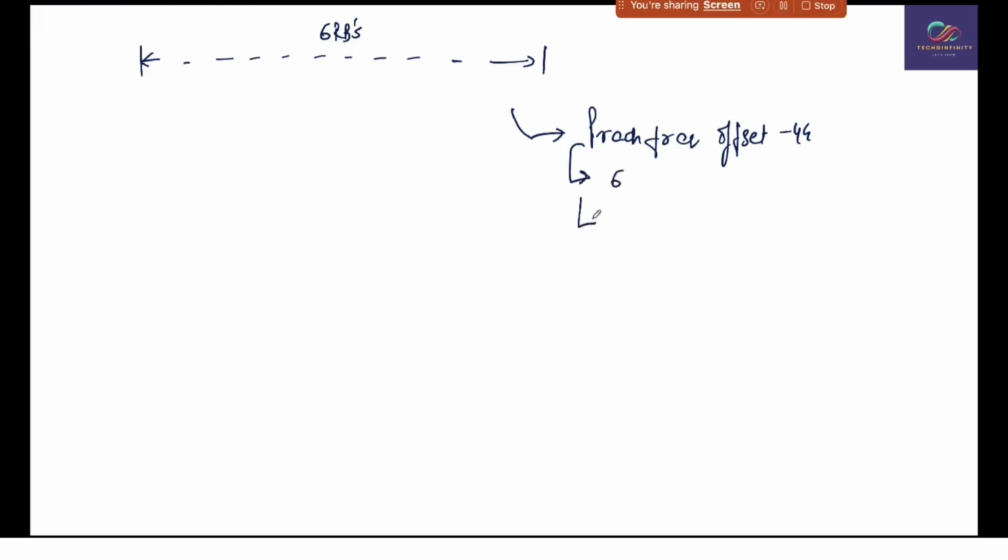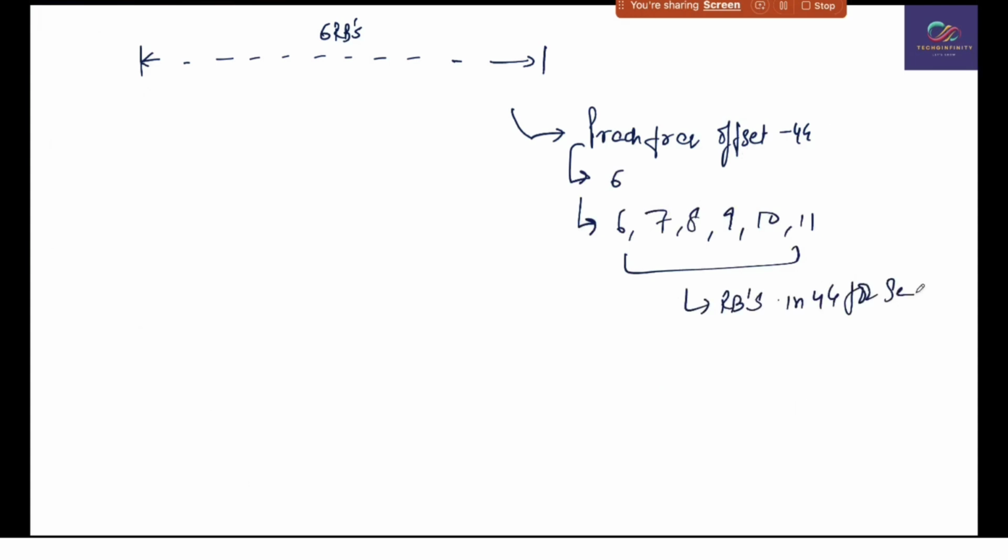So that means 6, 7, 8, 9, 10, and 11 are the resource blocks being used in 4G for sending the PRACH. Now, this 6 resource blocks is something like 6 into 12, right?